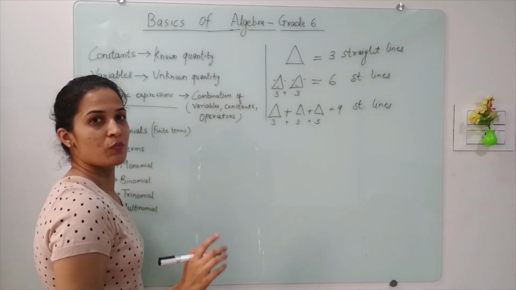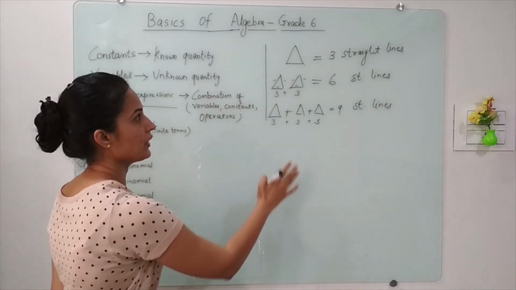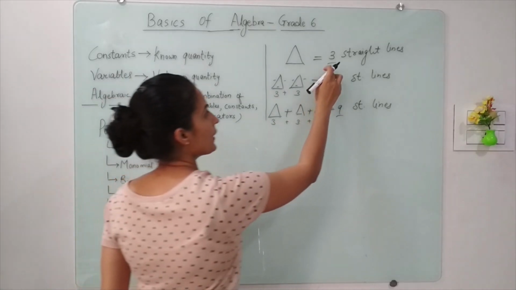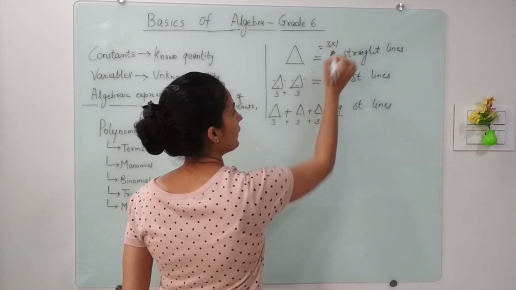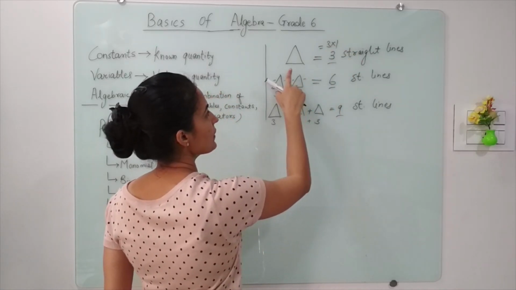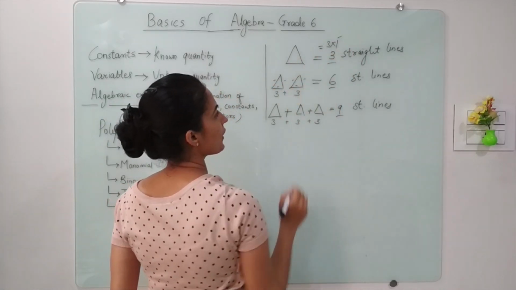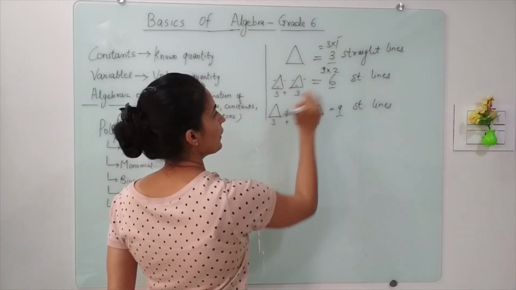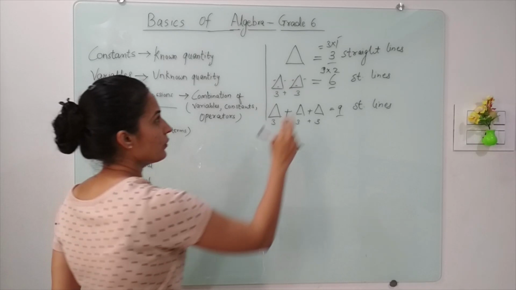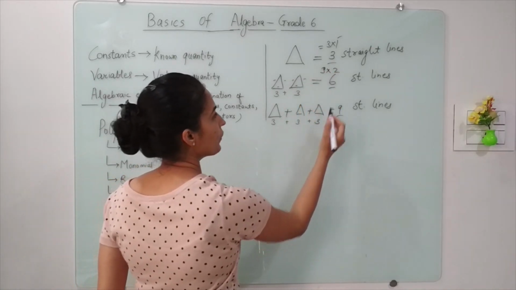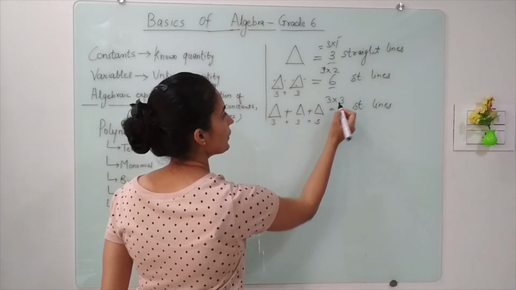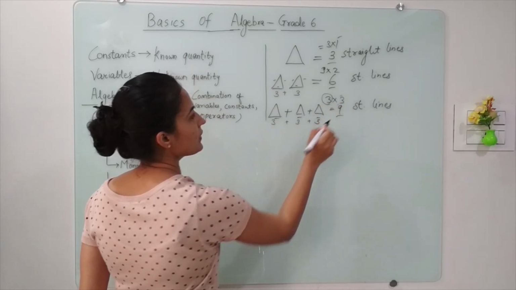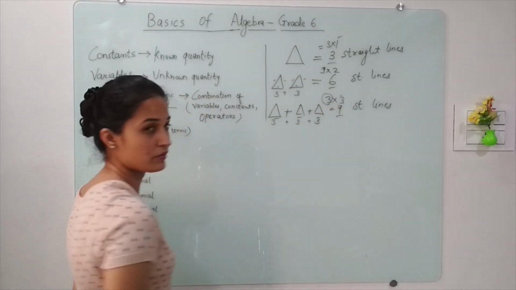Now, what we have seen here is that there is some pattern that is getting formed. This I can write as 3 into 1, that is 3 straight lines for one triangle. Similarly, 3 straight lines for 2 triangles, so 3 into 2 is 6. Now here 3 into 3, 3 straight lines into 3 triangles, so I need a total of 9 straight lines.